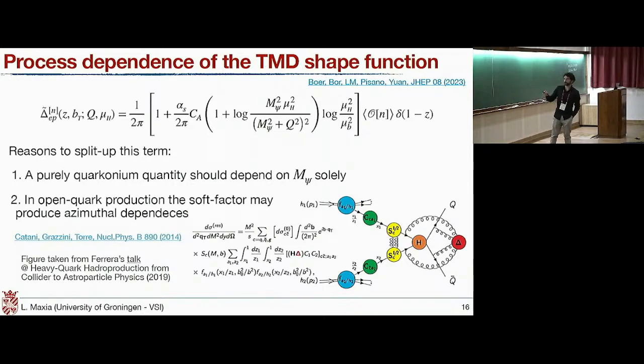This is shown by, for example, this talk here that I took this picture from, by Ferrara. You can also look at this kind of paper from Catani and collaborators, where the soft factor acquires azimuthal dependence. So maybe it's more natural that those kinds of dependence arise also from a process-dependent part of the TMD shape function.